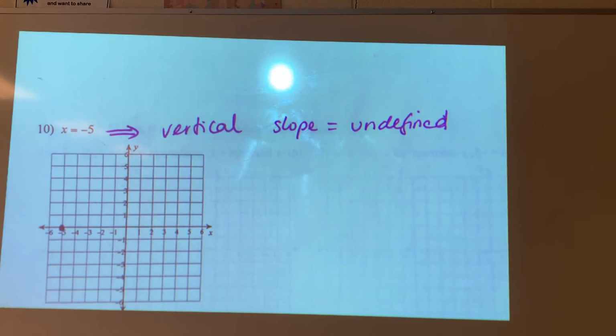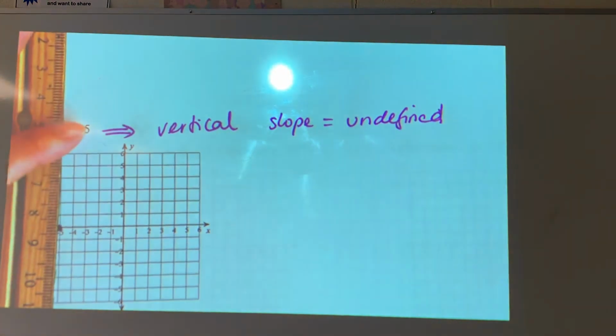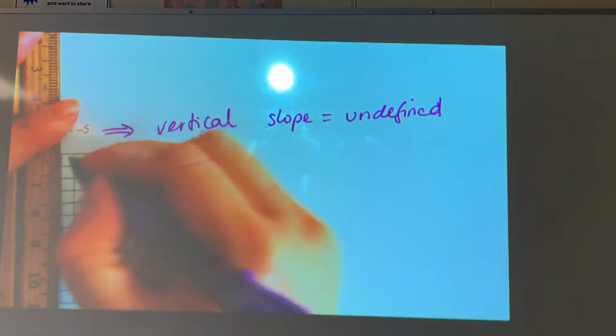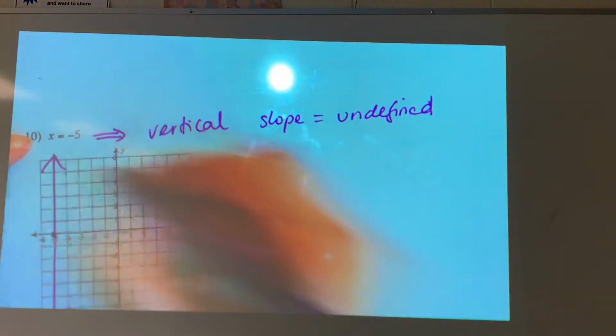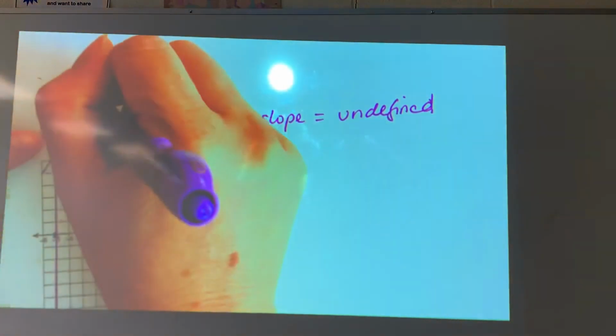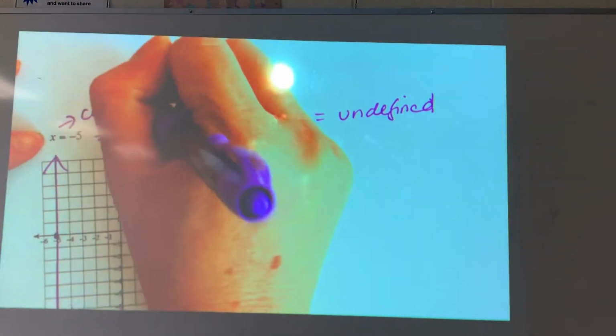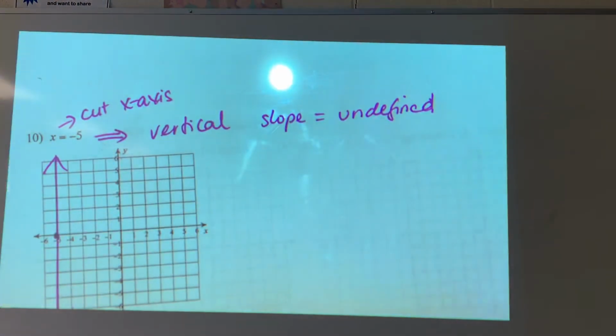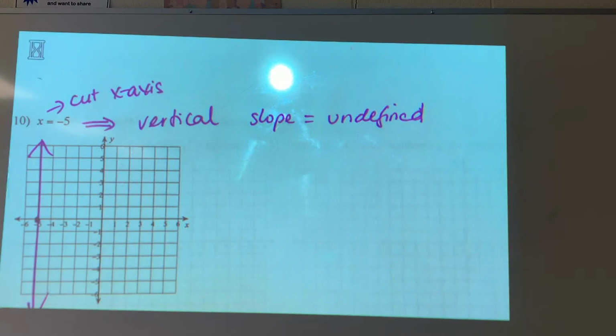The only way you can draw a line that cuts the x-axis only at -5 is a vertical line. So if it's just x values, it will cut or touch the x-axis. Okay? This one is also a special line as well.